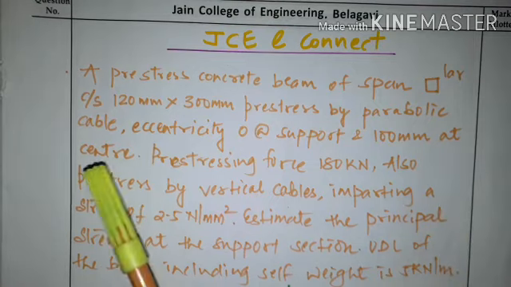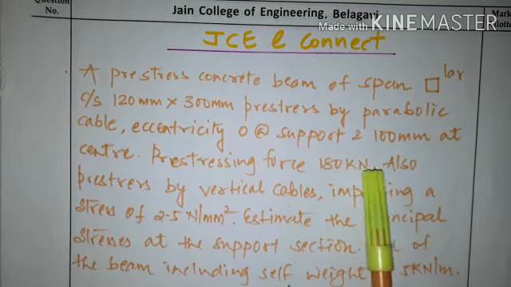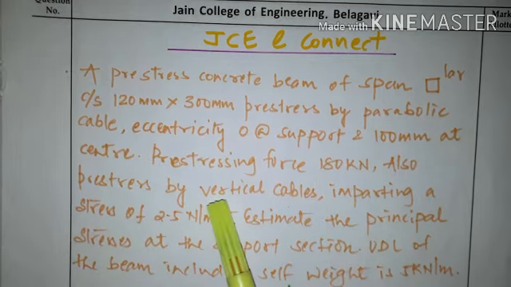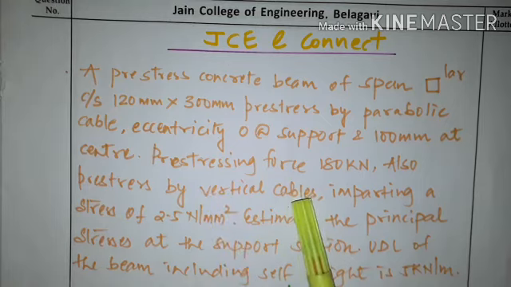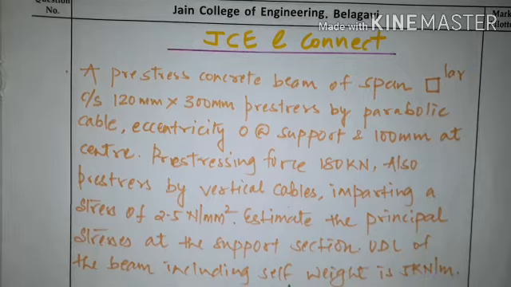Pre-stressing force is 180 kN. Also pre-stressed by vertical cables imparting a stress of 2.5 Newton per mm square. Estimate the principal stresses at the support section. UDL of the beam including self weight is 5 kN per meter. So this is the given problem.